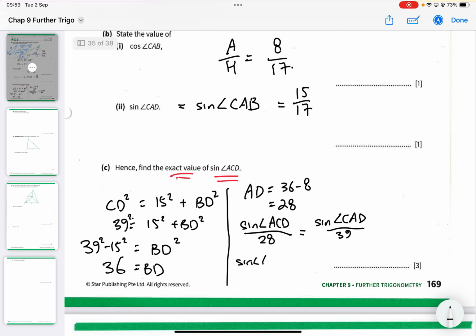Sine of angle ACD is equal to 28 multiply sine CAD over 39.